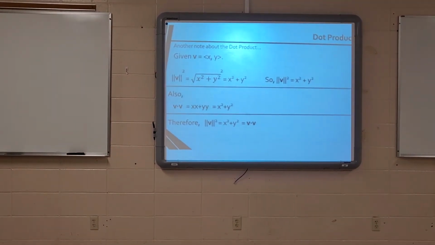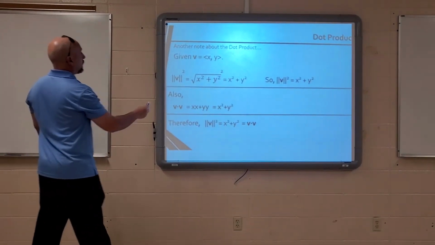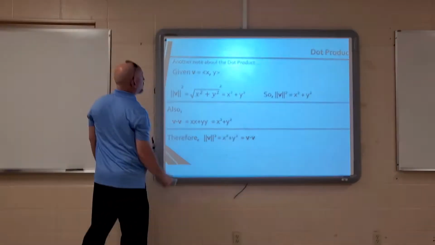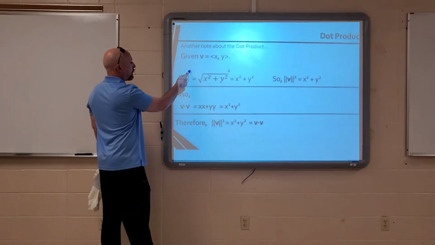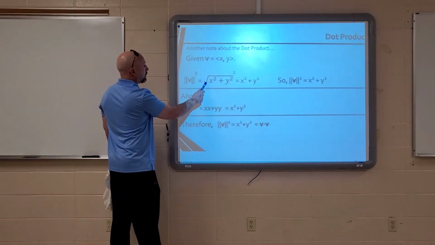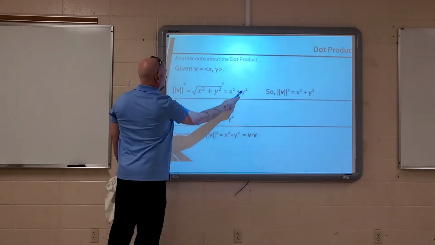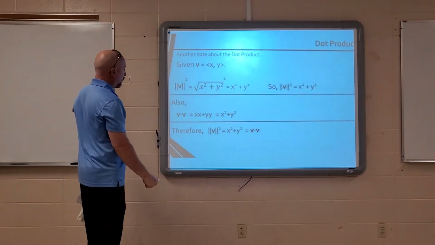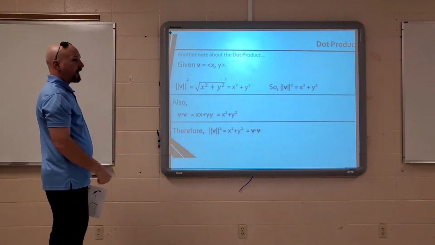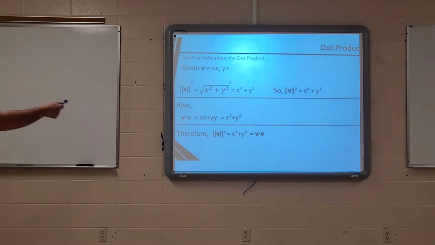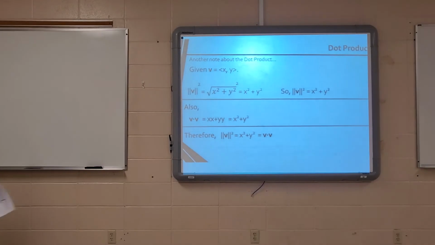So this is just saying that given this vector v equals x, y, then the magnitude of v squared is equal to x squared plus y squared. So it's just saying that if you have a vector dot itself, it's pretty self-explanatory.